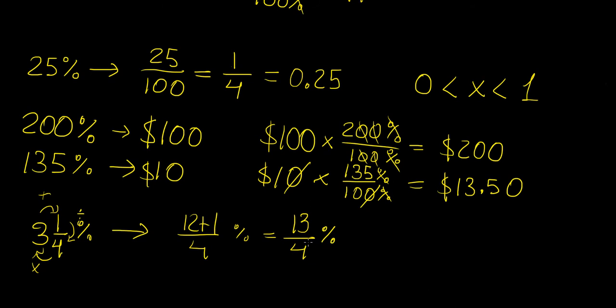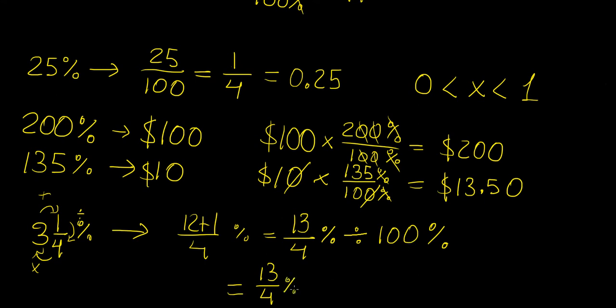And now if we actually want to express this as just a decimal number or a fraction that does not contain the percentage sign, we need to divide by 100%. And the reason for that is that we basically want these two percentage signs to cancel out. So if we remember correctly, when we do division, it's the same as doing multiplication of fractions, but we swap around the numerator and denominator on the second fraction.